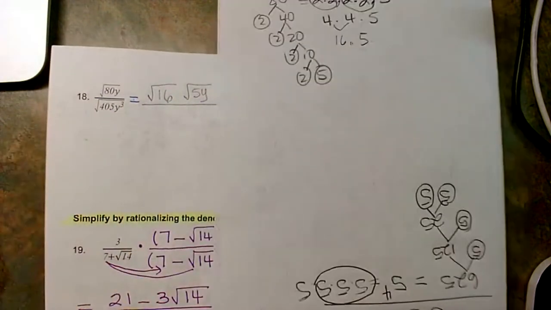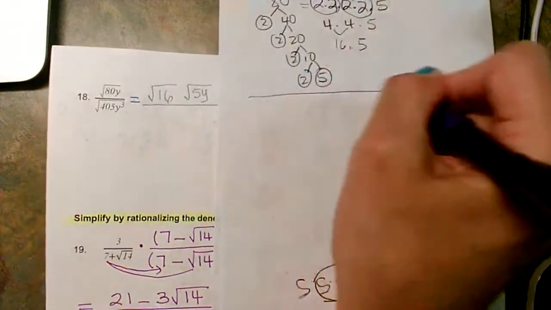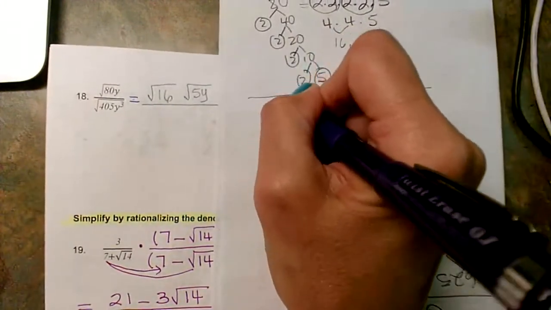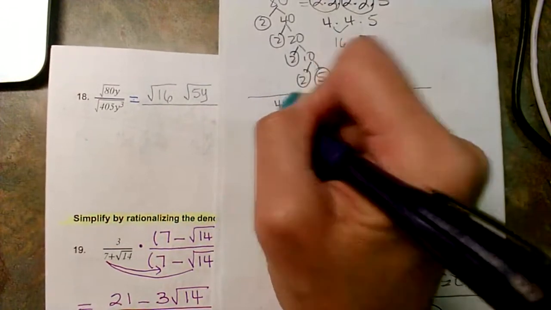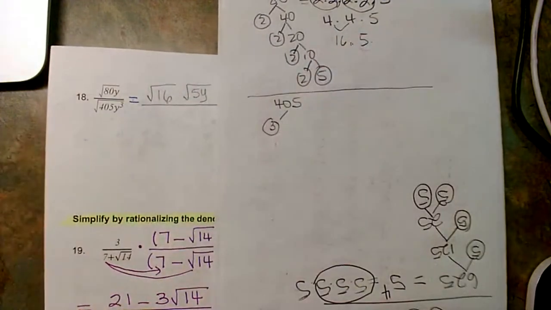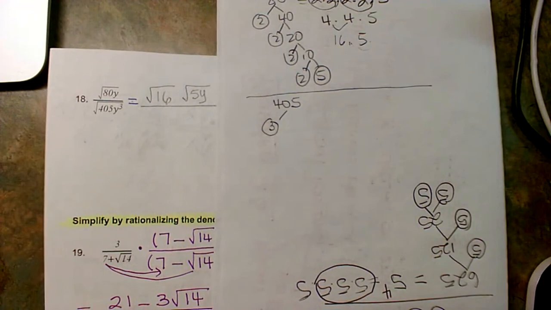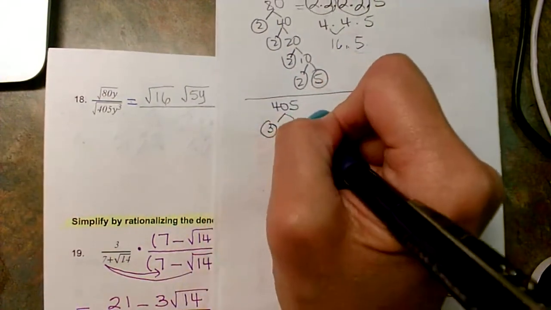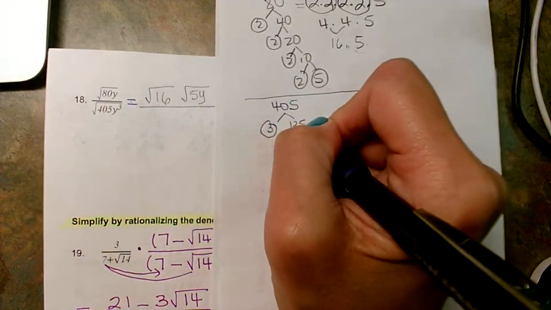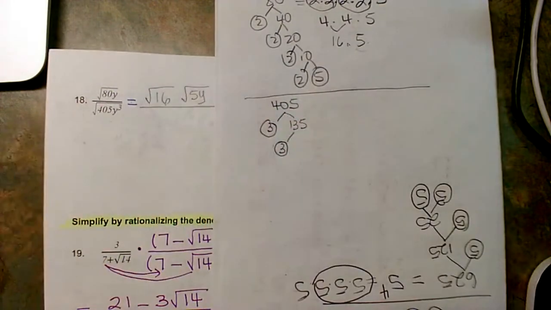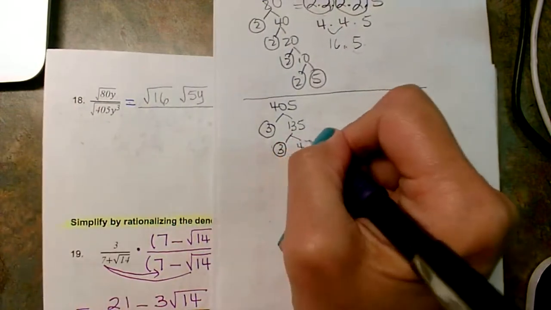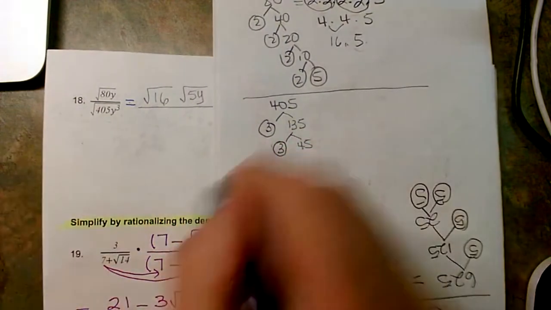Now the bottom is 405. Divided by 3 is 45.